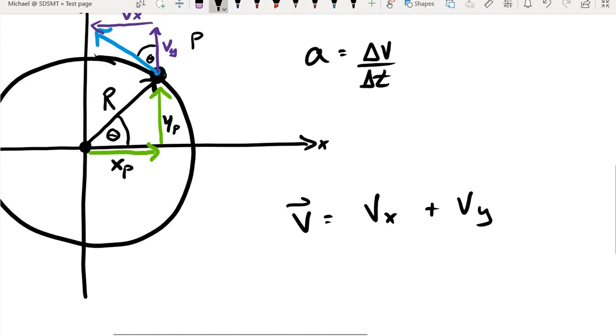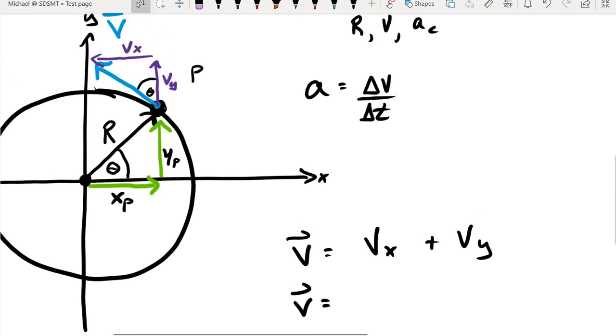And so it would be much more beneficial if I could represent these components using the angle, which is something we can do now. We have theta, and we can see that as we travel around the circle with theta, not only will the x and y components of position change, but so will the x and y components of our velocity vector.